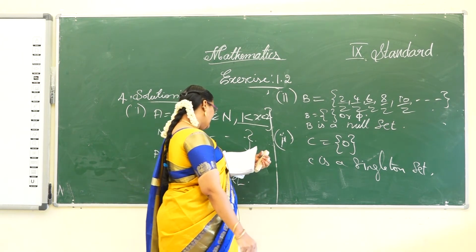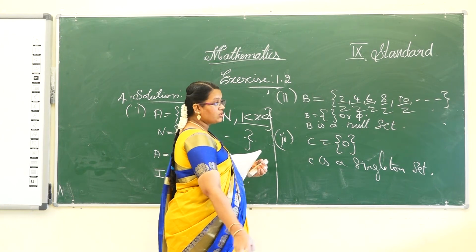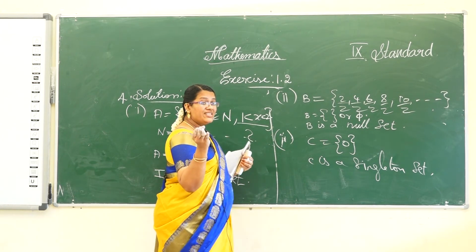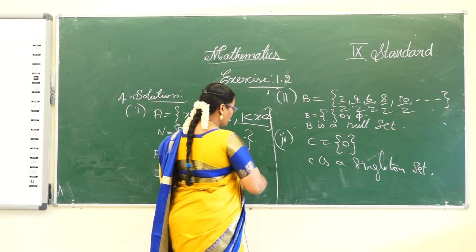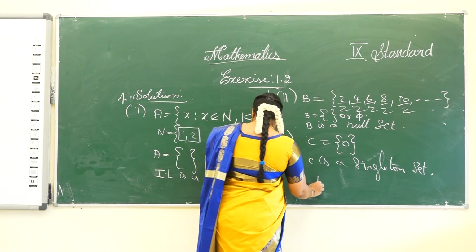And the fourth one, D is equal to the set of all triangles having 4 sides. Already you know that a triangle has only 3 sides. So the given statement is wrong. It's a null set.